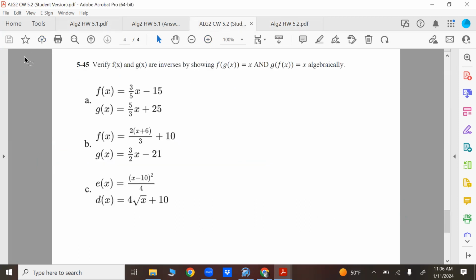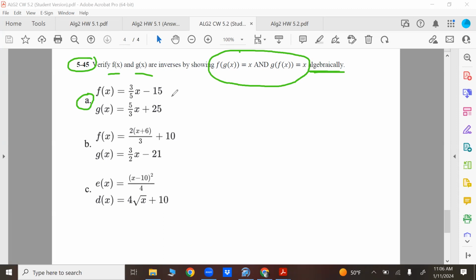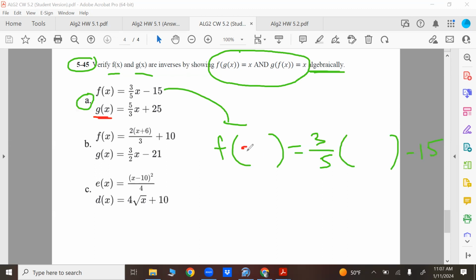Okay, so 545, last one. Verify that they're inverses by showing this algebraically. Let me show you how this process is done for part A. Okay, so we're going to put g of x into here.